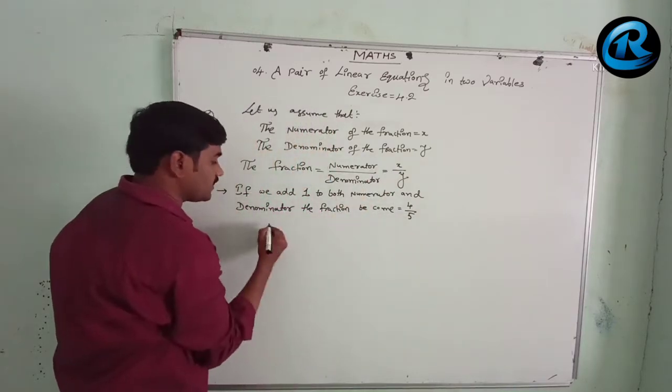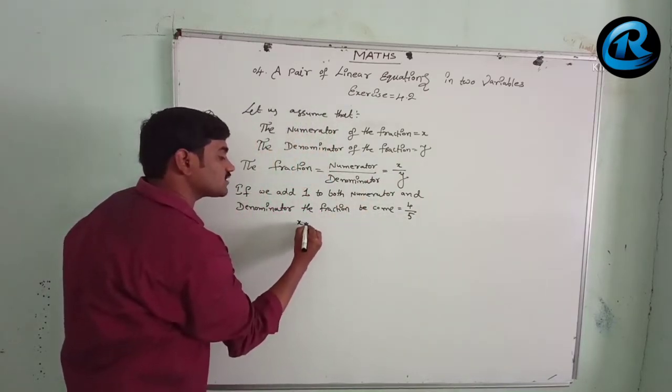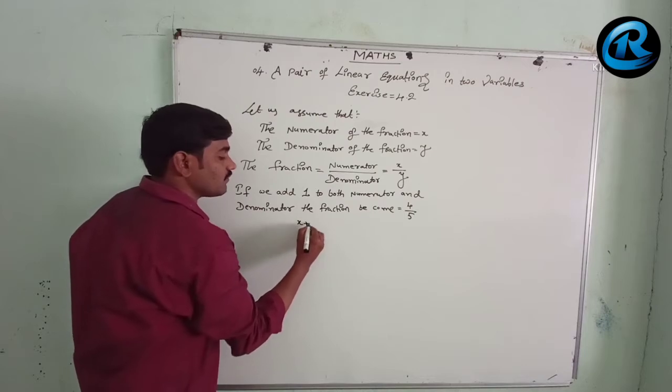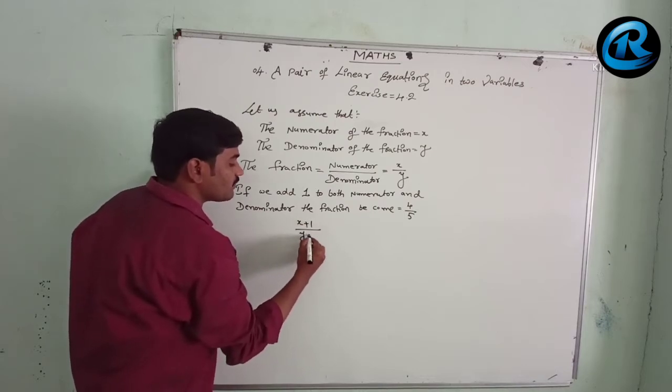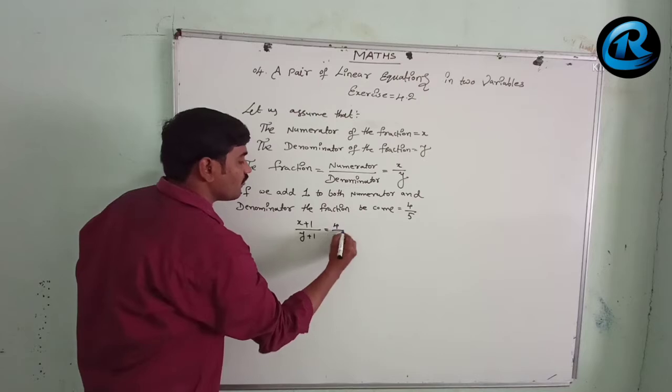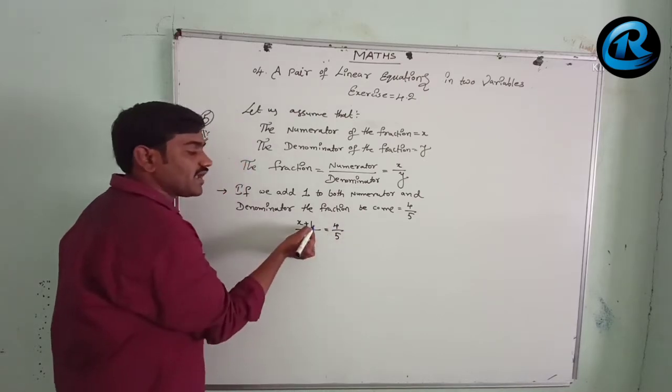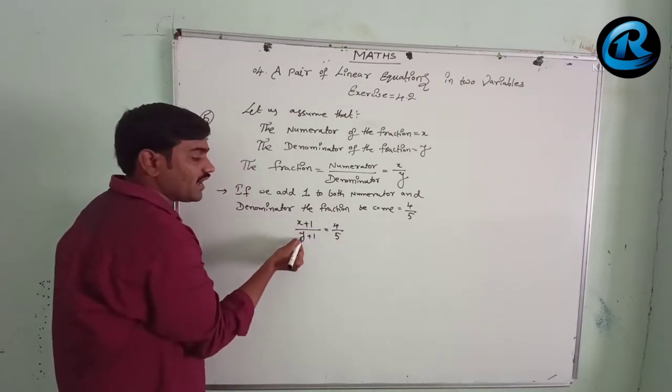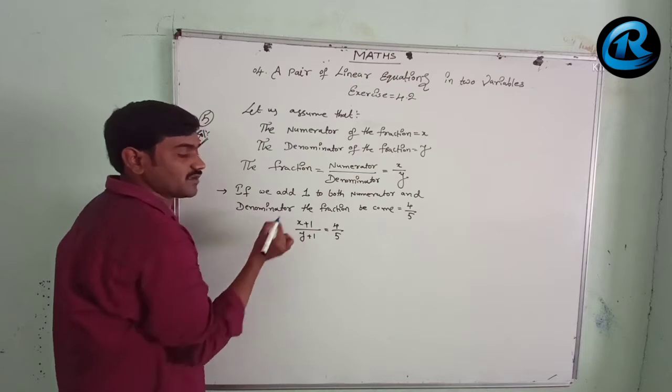So let us write according to this: x plus 1 by y plus 1 equal to 4 by 5. 1 I added to the numerator, 1 I added to the denominator of the fraction x by y.